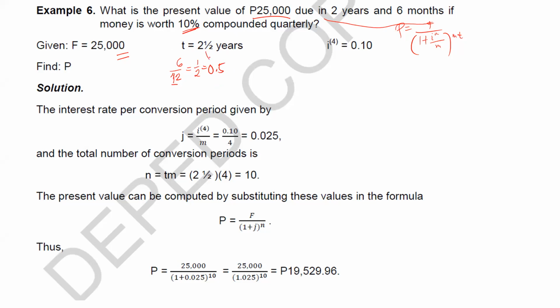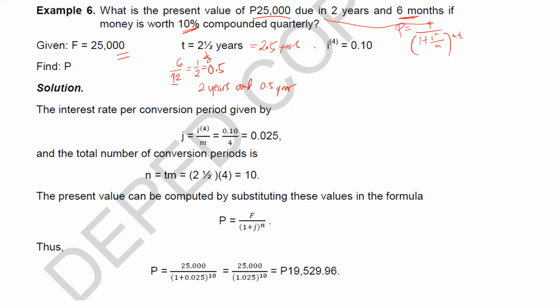Add the two: 2 years and 0.5 years, where 0.5 is the 6 months. So your T here is 2.5 years. We will use decimals because it is easier to substitute in the calculator.